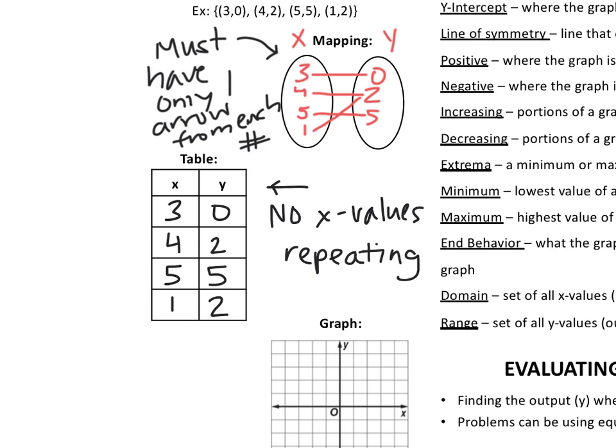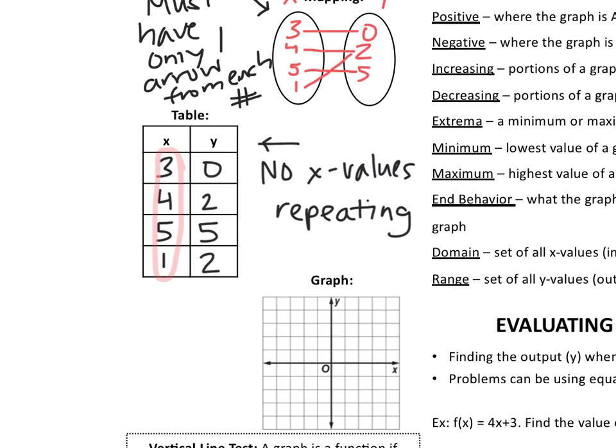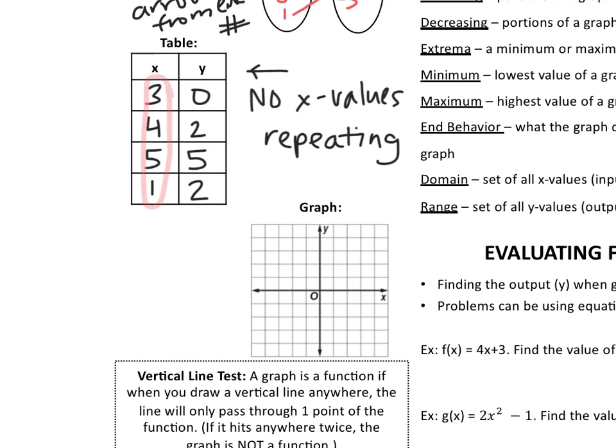If you did, that would tell you it's not a function. It would still be a set of coordinate points, and that's fine, but it's not a function. But in this case, I'm looking at this x column right here. Because there's no repeats, that means every x has exactly one y, and that's the definition of a function.